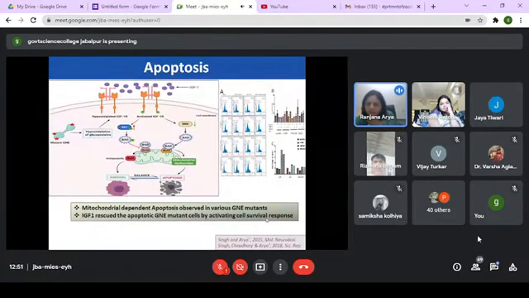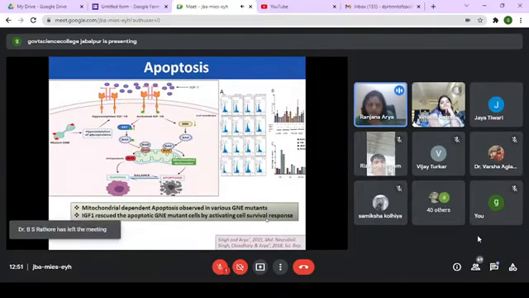Similarly, the apoptosis, because we were looking at the loss of muscle mass, so there is a loss of muscle cell death. So how can you overcome that muscle mass loss? We were trying to identify if we can rescue the cell death which is observed in these muscle cells, and we found that the IGF-1R signaling pathway was good enough, and treatment with IGF-1 balanced out the cell death that was observed.